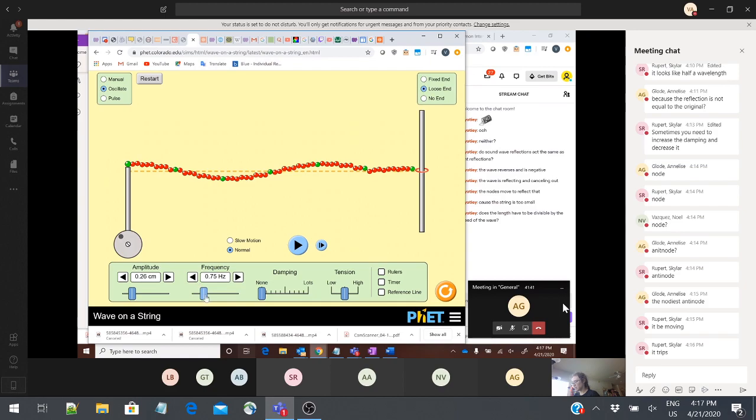Make sure I'm doing this right. Let's pick. Should be pretty close. Make it a little bit bigger so you can see a little bit better. Not quite. It's really frustrating.